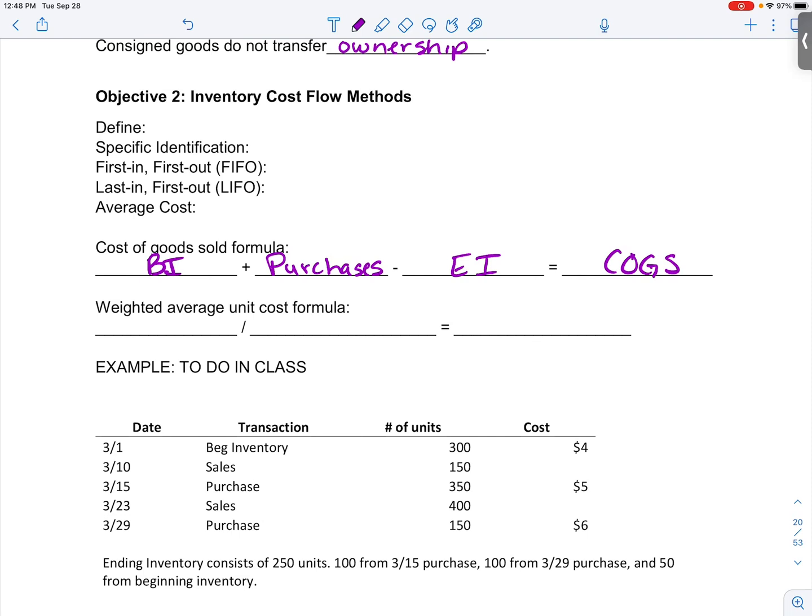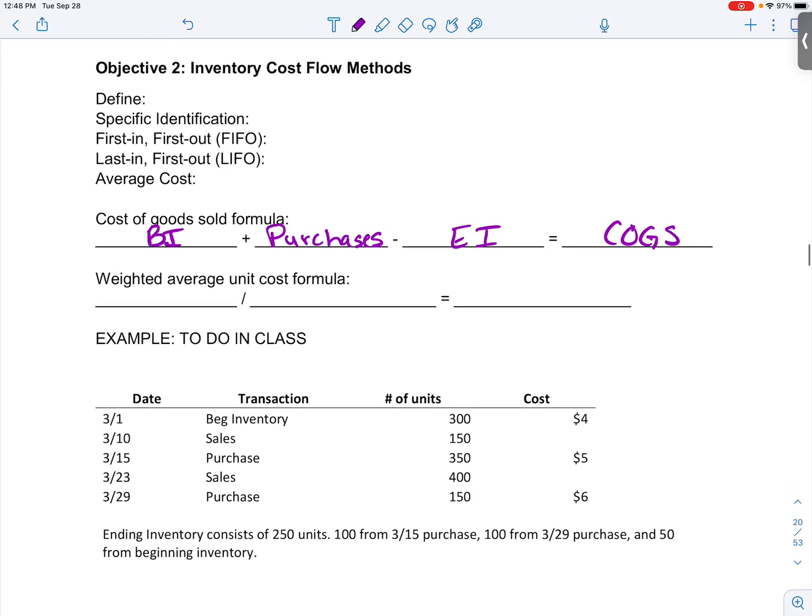When we talk about our weighted average unit cost, what we're looking at is what our total value is of our goods available for sale divided by the total units of the goods available for sale. Again, this is all what's available. And that's going to give us an average cost. And we'll show you how that comes into play.